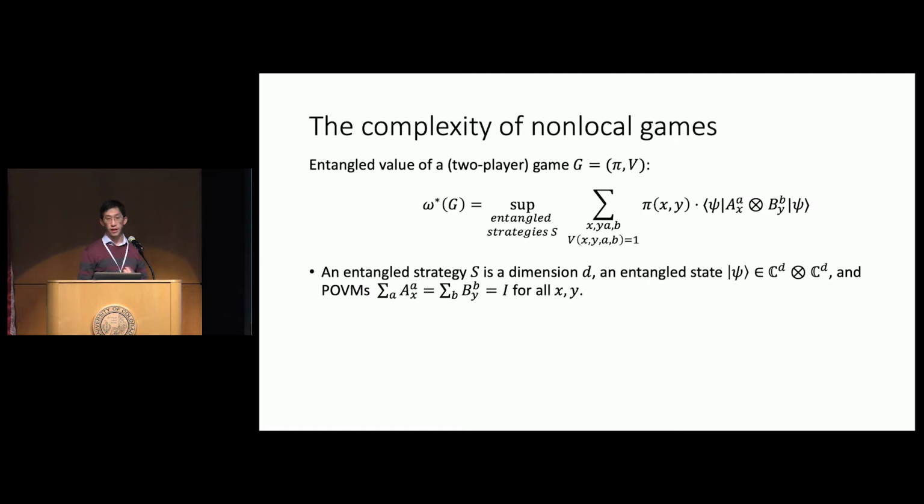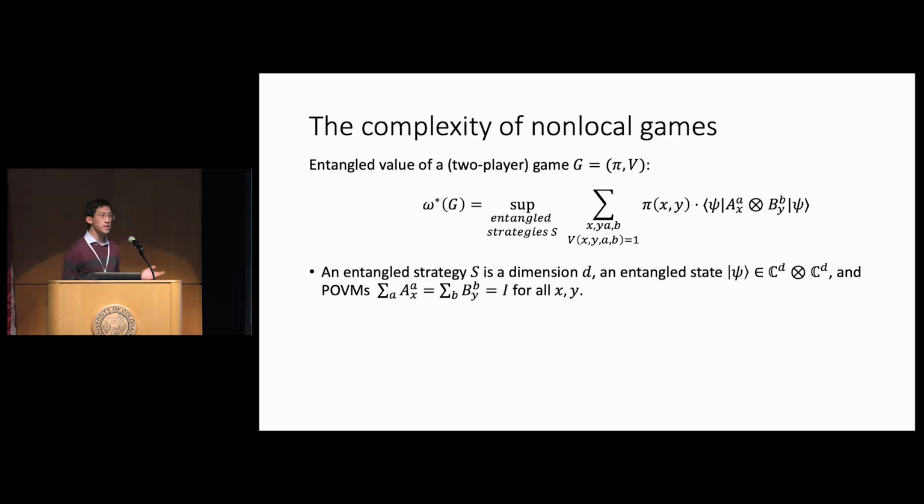You pick a bipartite entangled state with local dimension d. And finally, for both of the players, you pick sets of measurement operators that they apply. When the referee samples a pair of questions, x, y, the players will make measurements depending on the questions that they receive. This expression evaluates the probability that they output answers that satisfy the predicate.